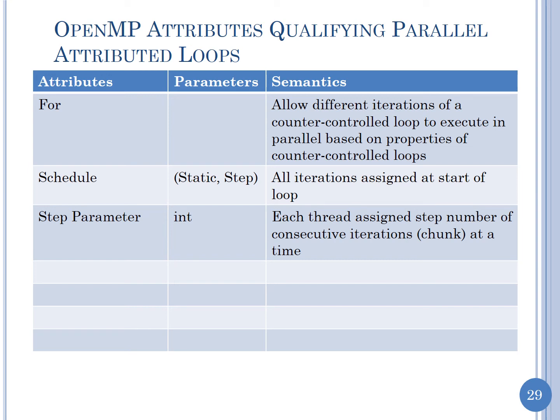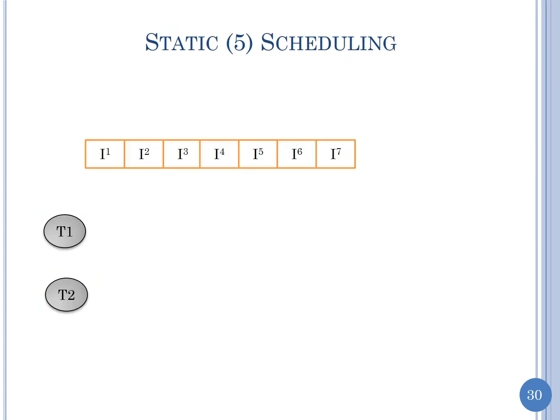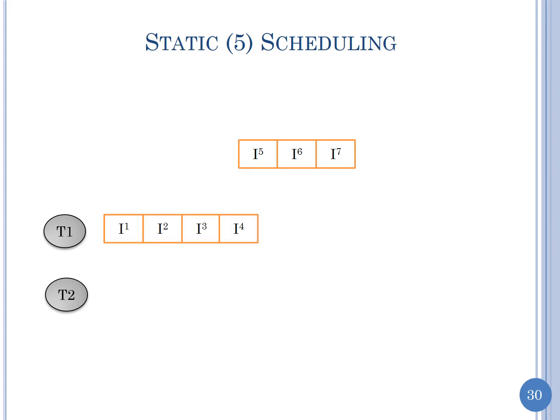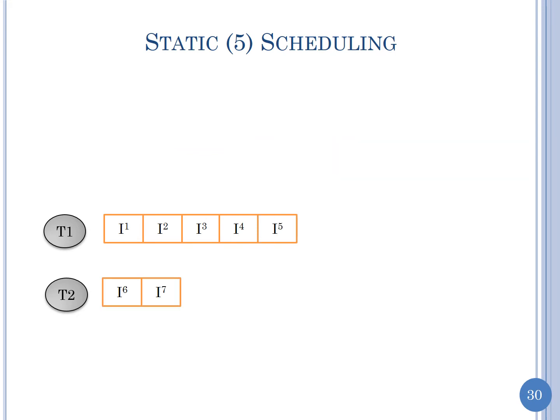So if, for instance, I have 7 iterations in my loop, and I say my step size is 5, and T1 gets allocated first, which iterations will T1 get allocated? 1 to 5, right? And whatever's left will be given to T2. So this is bad load balancing.